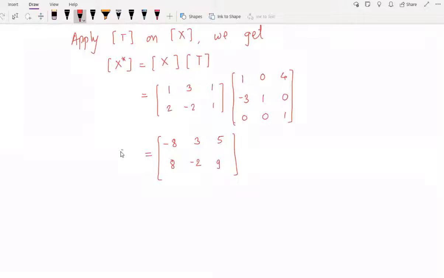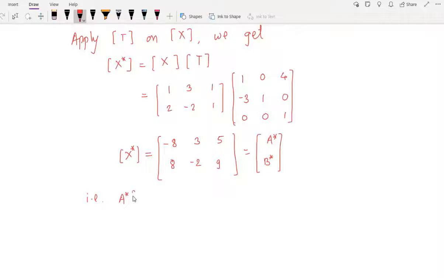So this is our X star, meaning the position matrix after the transformation. This first row is the coordinates of the point A star, and the second row is the coordinates of the point B star. So the segment AB is transformed to this A star B star position. What are the coordinates of the point A star?